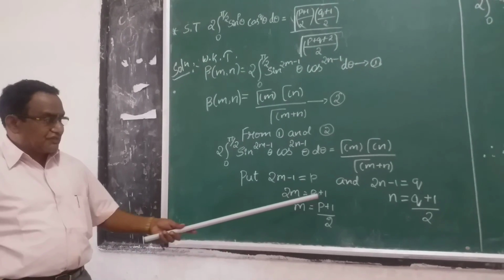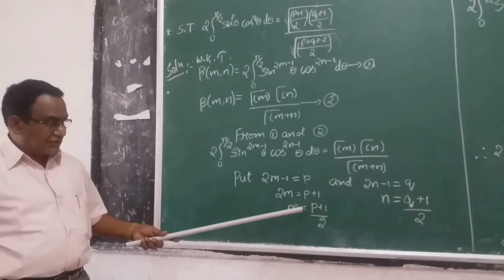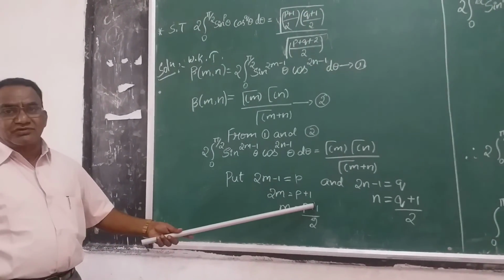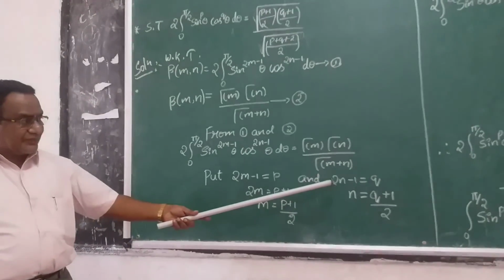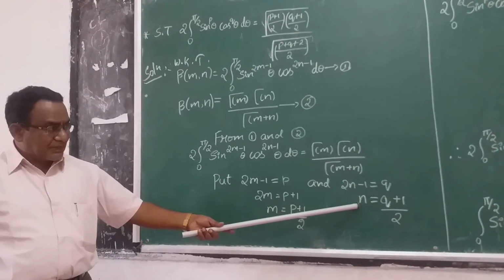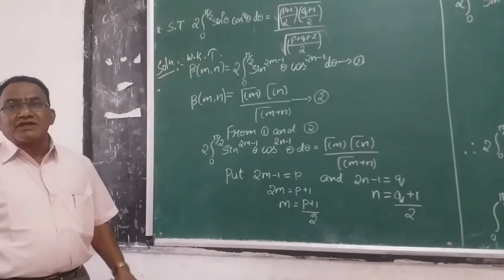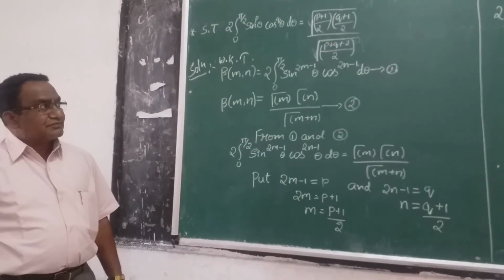So that 2m is equal to p plus 1 and therefore m is equal to (p plus 1) by 2. Similarly, 2n minus 1 is equal to q implies that n is equal to (q plus 1) divided by 2.